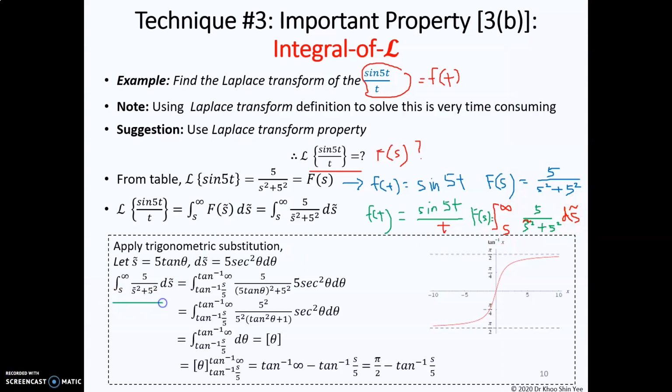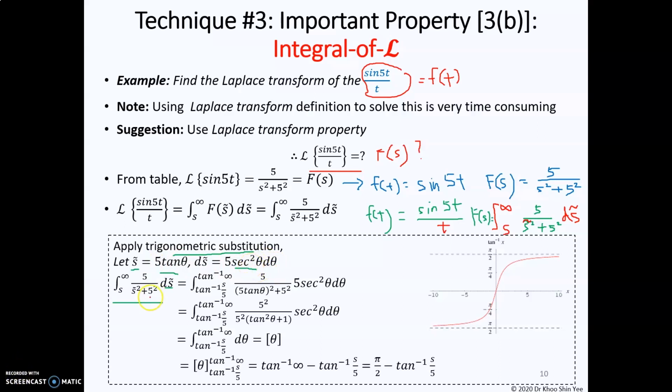So to solve this integration, we can apply the trigonometric substitution. Based on the s squared plus pi squared here, we can let the s equal to pi tangent angle. And your ds, in this case, if you differentiate, pi remains, differentiate tangent, you get secant squared angle with respect to the angle.